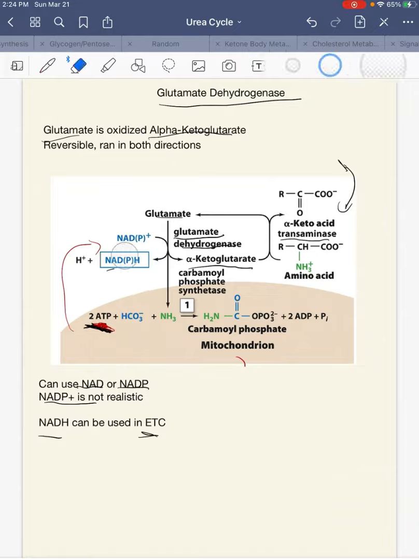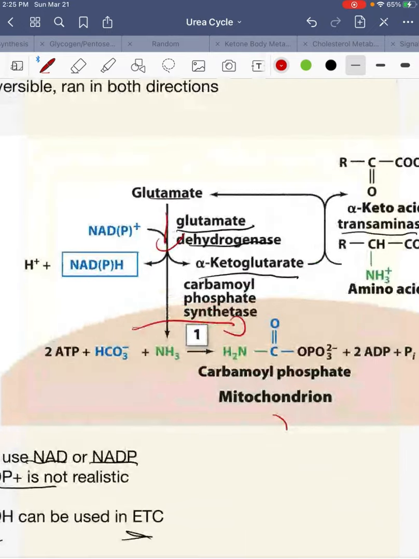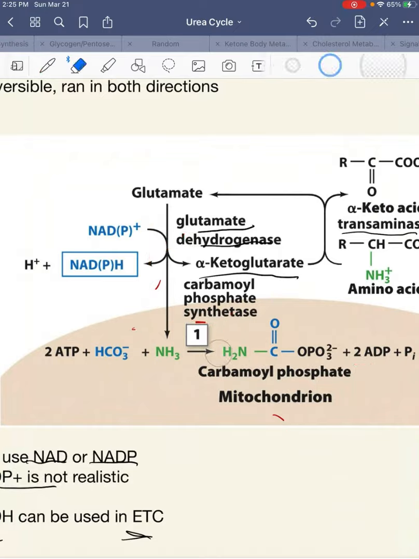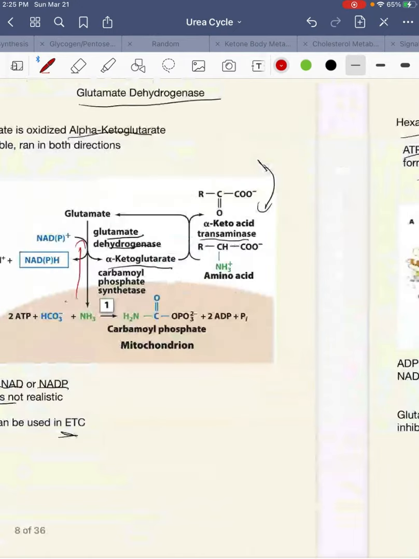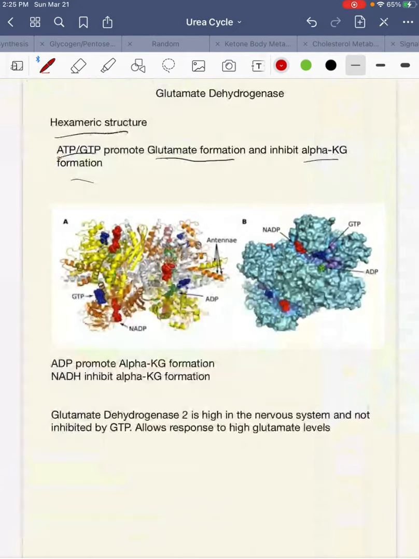If ADP starts to accumulate, it will push everything in this direction, so we'll favor the glutamate to alpha-ketoglutarate reaction, okay? So ADP accumulates, we go this direction. ATP accumulates, it will favor the other direction. So that's why ATP or GTP will promote glutamate formation and inhibit alpha-ketoglutarate formation.